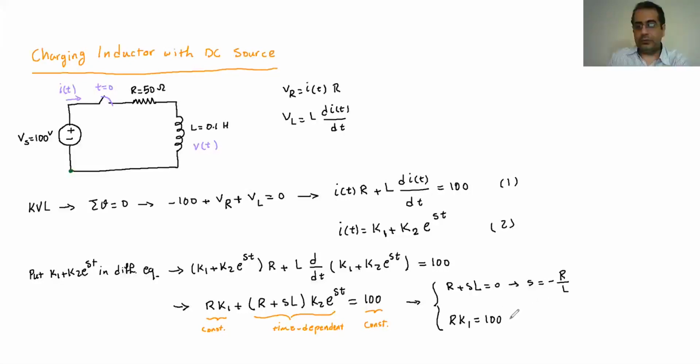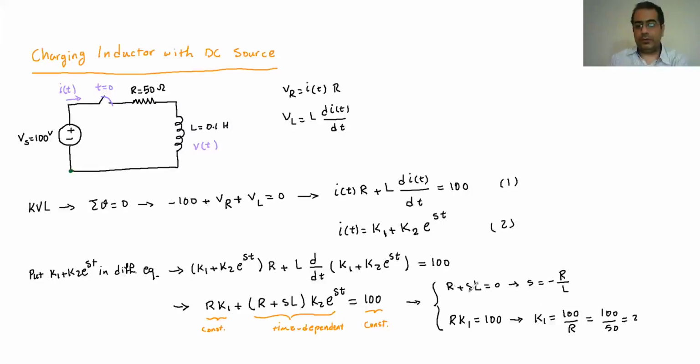And therefore K1 is going to be 100 divided by R. So if I replace R with 50, it's going to become 100 divided by 50, which is 2. And so we have the value of that.